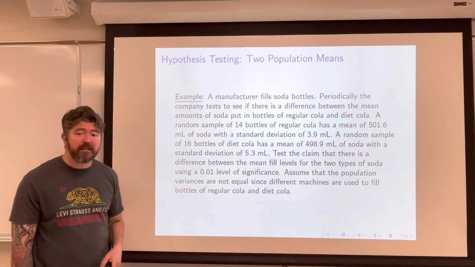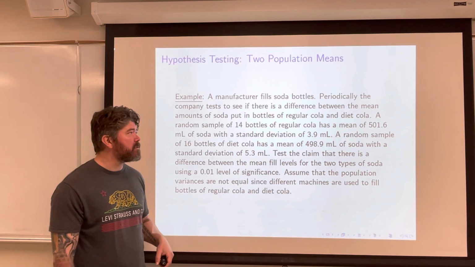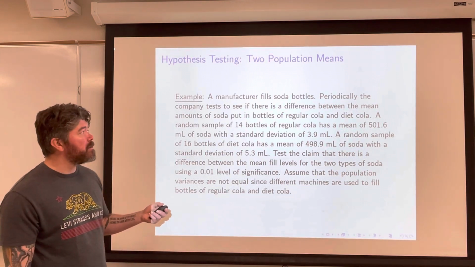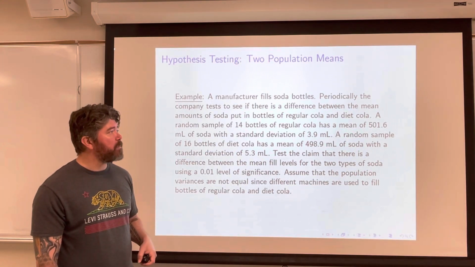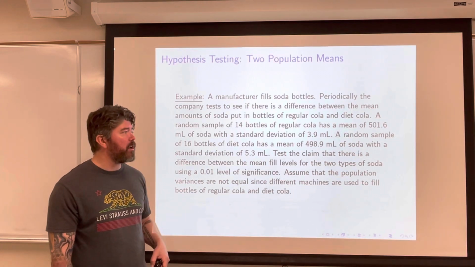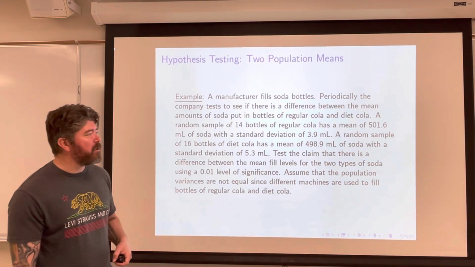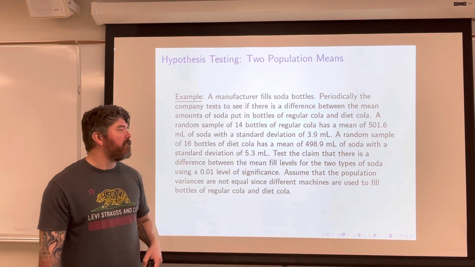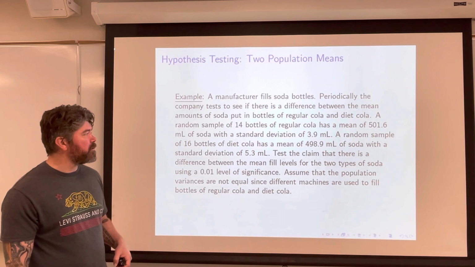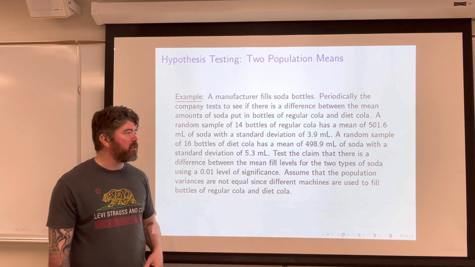Now, another example that we can work: a manufacturer fills soda bottles. Periodically, the company tests to see if there is a difference between the mean amounts of soda put in bottles of regular cola and diet cola. A random sample of 14 bottles of regular cola has a mean of 501.6 milliliters of soda with a standard deviation of 3.9 milliliters.